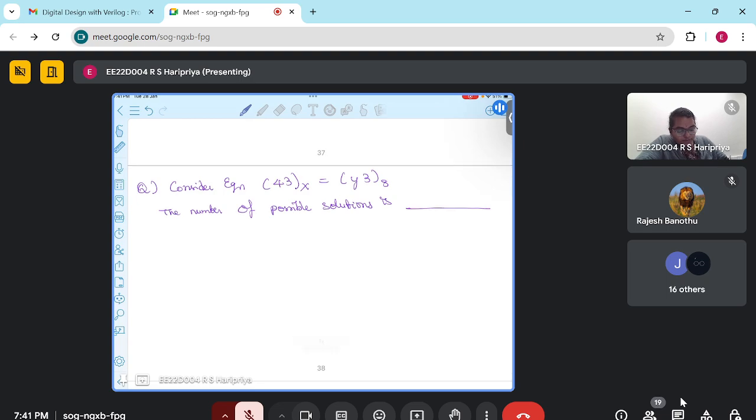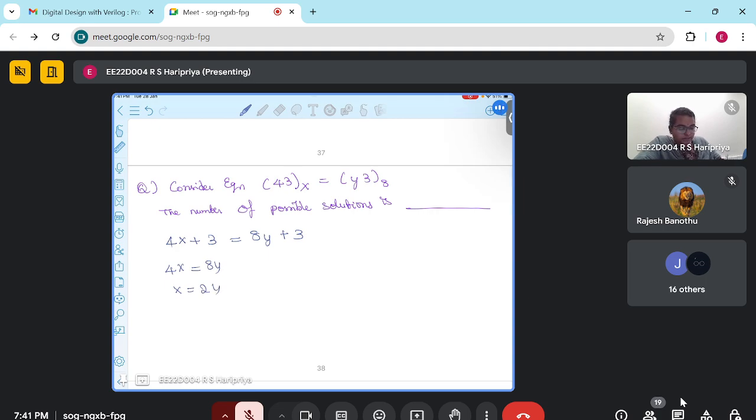So again we will convert to the same base, so let's convert to decimal. 4 times x plus 3 is equivalent to 8 times y plus 3. So we get 4x is equal to 8y, x is equal to 2 times y.